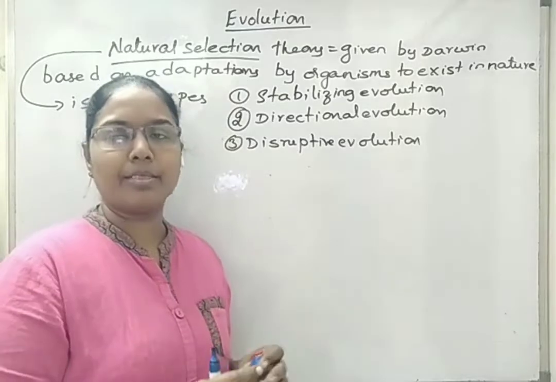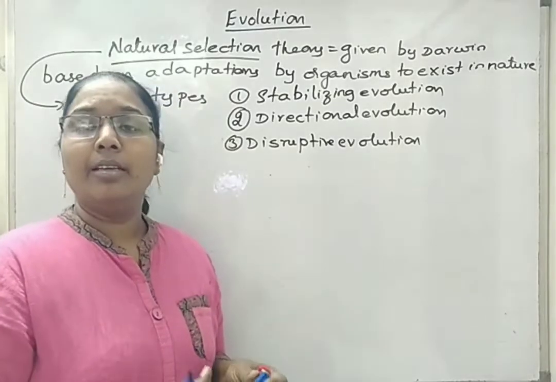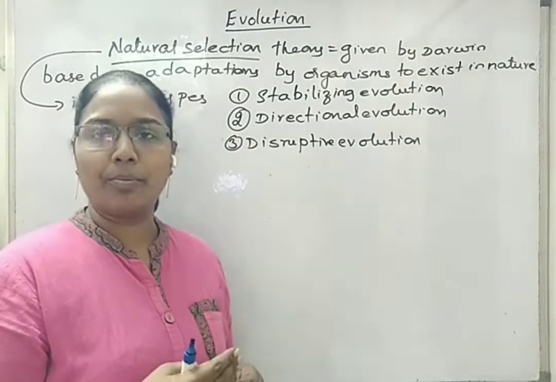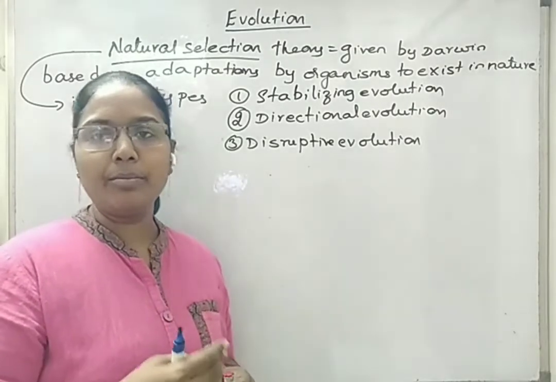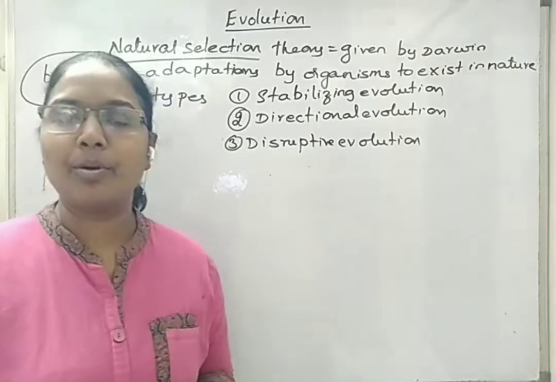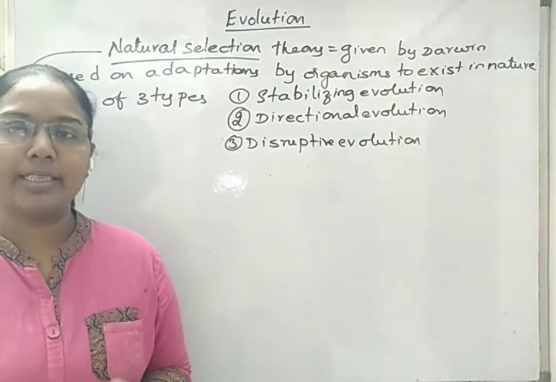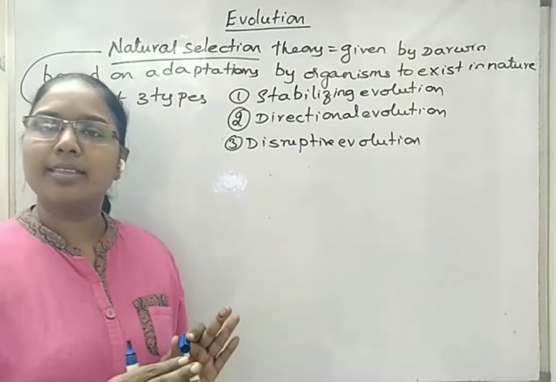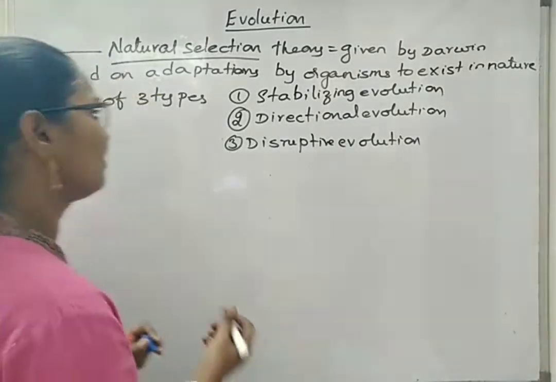But if the baby is of more weight, then there will be more health complications. So normally, babies are born with normal or moderate weight only. So these are a few examples to explain stabilizing evolution.